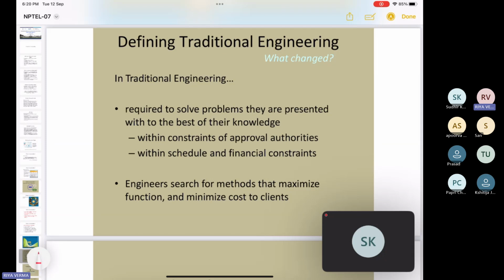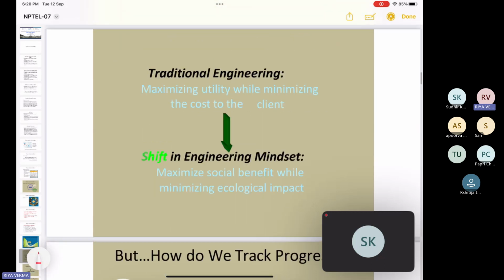That is why engineers searched for methods that could maximize the function and minimize the cost to the clients. But the authorities were more linked towards the financial outputs rather than the environmental aspects. So those were the constraints in the earlier times.